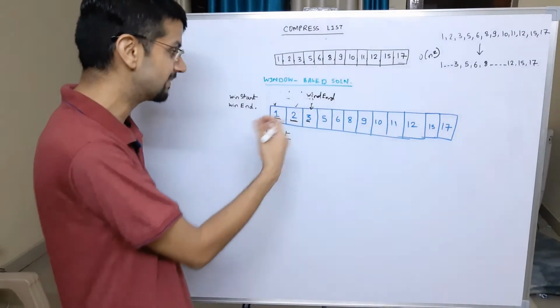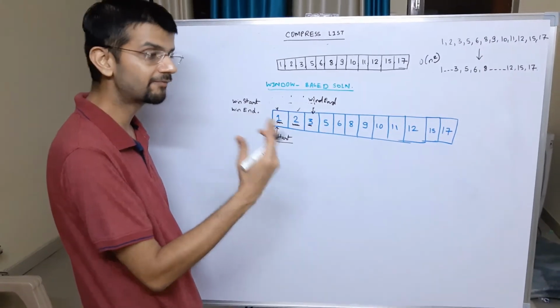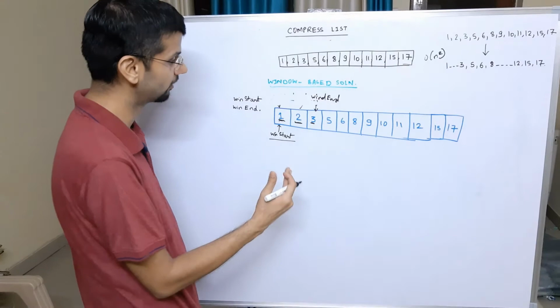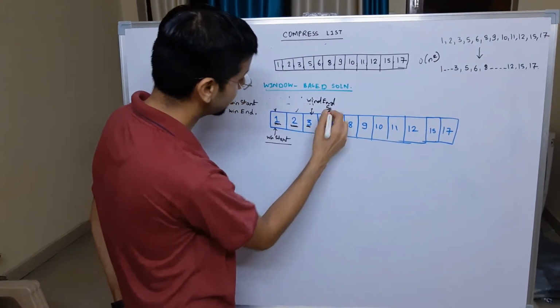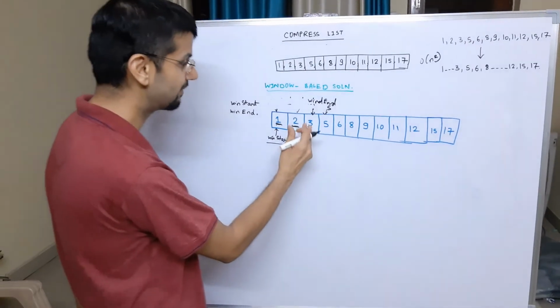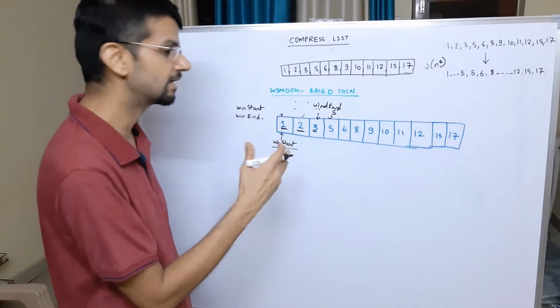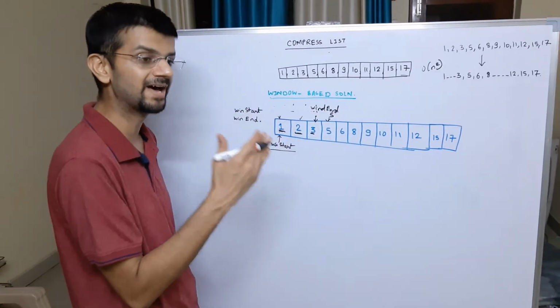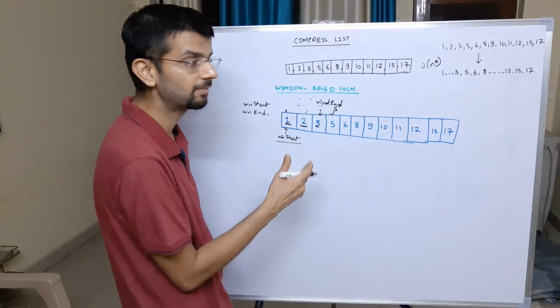So what we are doing is basically checking the current element and the next element. They are in a difference of 1, meaning they are contiguous or not. Now we'll see the next. The next is 5, which is not 1 plus. We are breaking the sequence over here. So this will be a check condition, or a base condition, or I would say a validation condition. Here our window needs to be stopped.